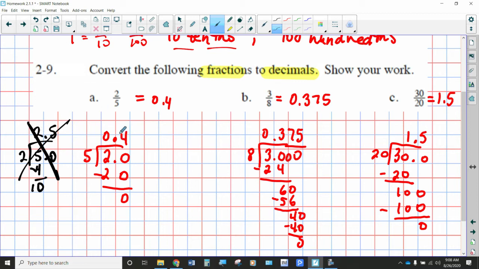Our answer has to be less than 1 because that's a proper fraction, so you had to have the 2 on the inside, okay? Here, 3 divided by 8, put the 3 on the inside, so you get a 0 in the 1's place. Here, this is actually a fraction that's greater than 1, so in the 1's place, you should have a number greater than 0. And in this case, 30 divided by 20 is 1.5.